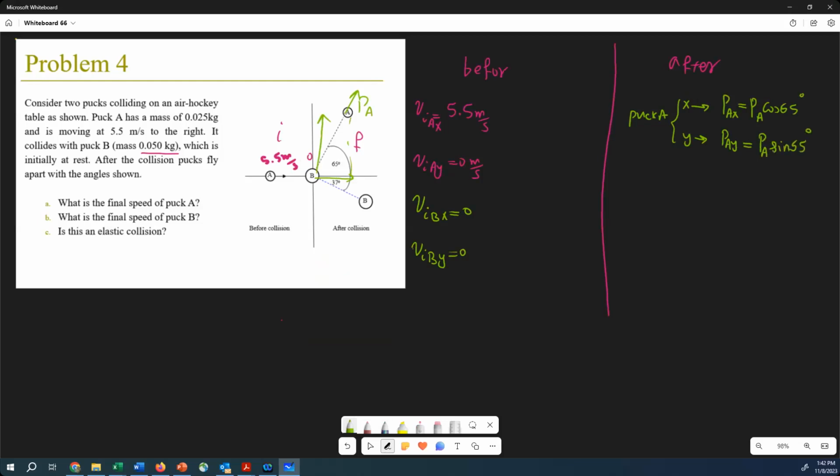Good. And puck B, again, x-axis and y-axis. But I forgot to mention, both of them are positive. Why? You know, this is a PAX, yes? It's moving to the right. PAY is moving upward, positive.